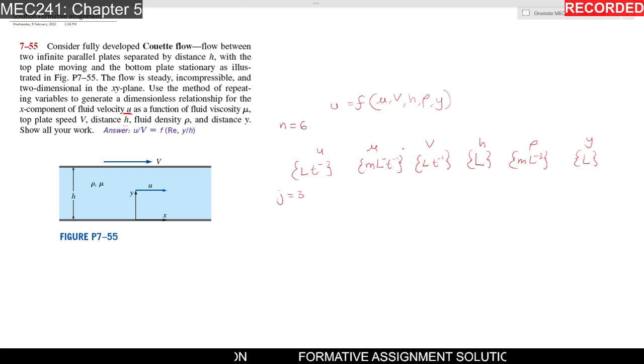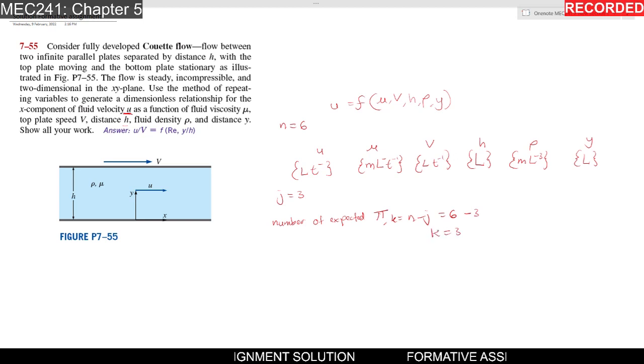So the number of expected pi theorem terms, we put k, right? Okay, k equal to n minus j. So we have 6, the value for n, and j, the first guess here, is 3. So we consider 3 Buckingham pi numbers. Okay, so k equal to 3.